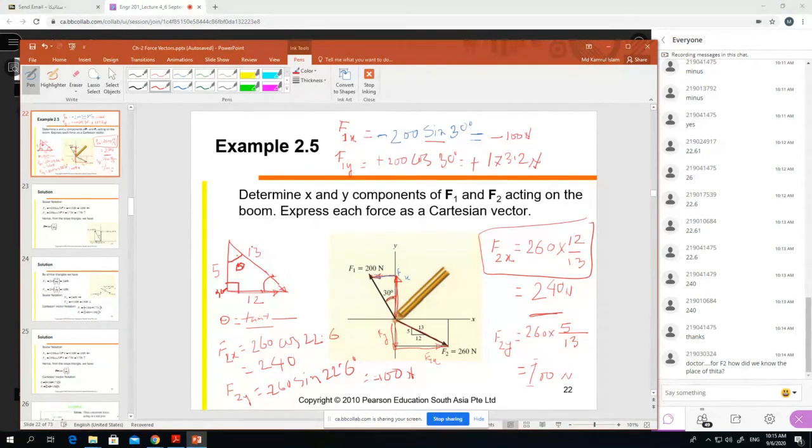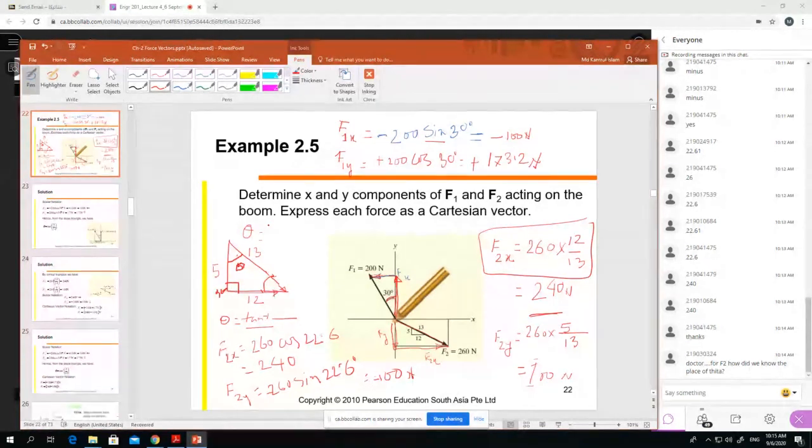If I assume this is theta, how much is theta equal to? It is up to you which one you assume to be theta, and you have to solve accordingly.